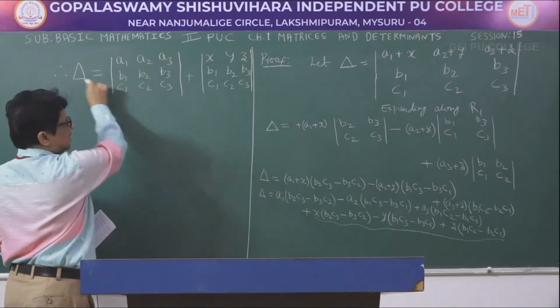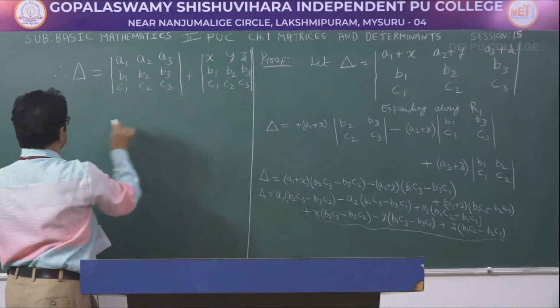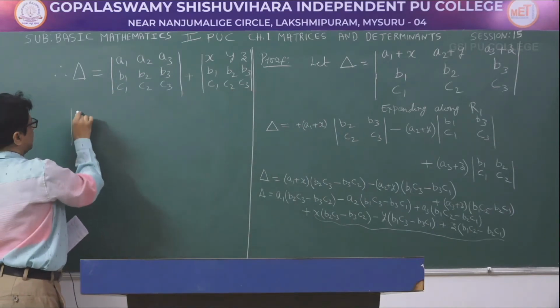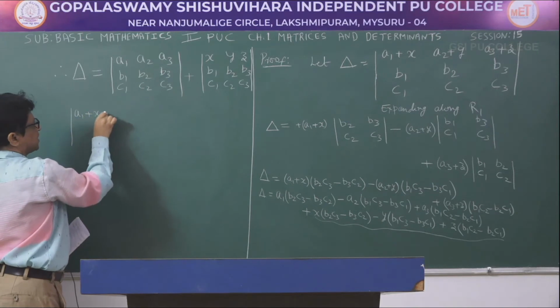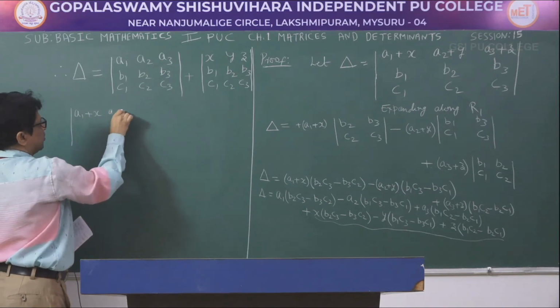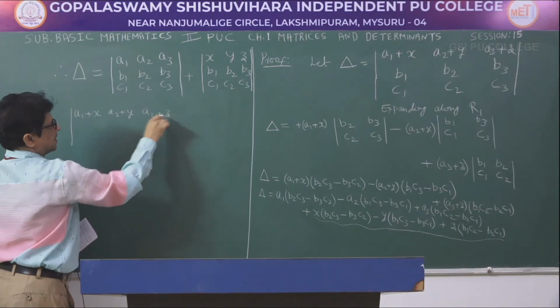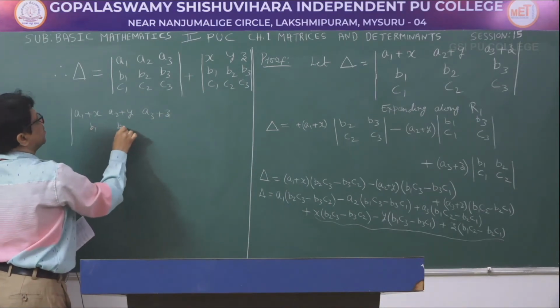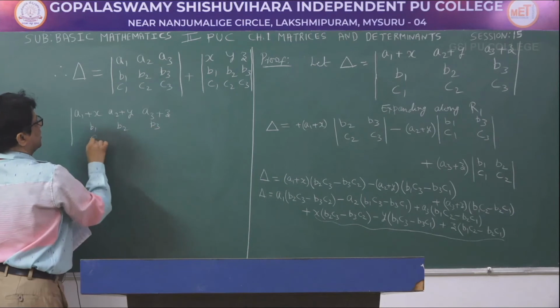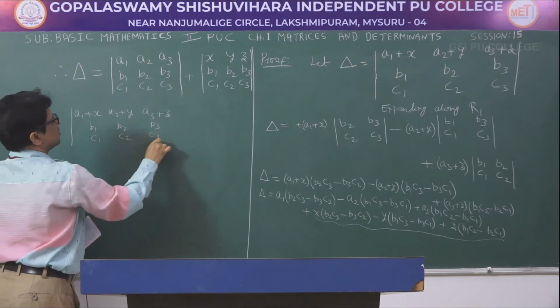So what is delta? Delta is nothing but the determinant of a1 plus x, a2 plus y, a3 plus z, b1, b2, b3, c1, c2, c3.